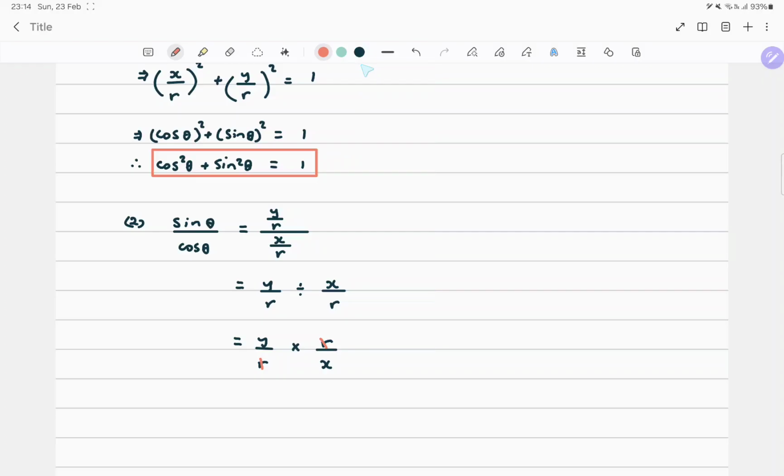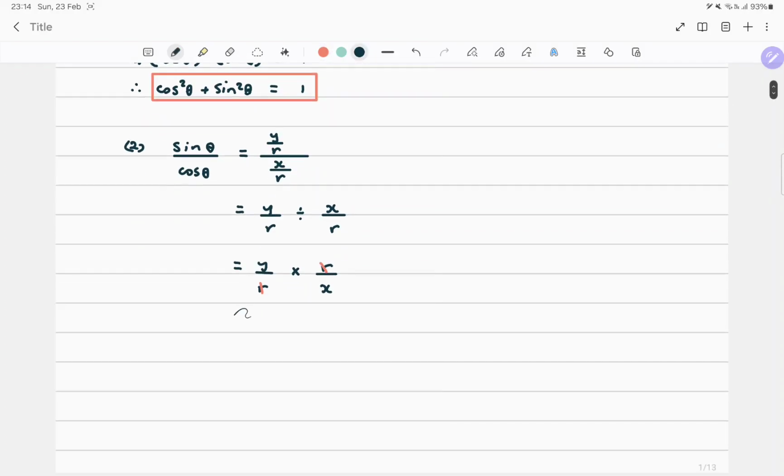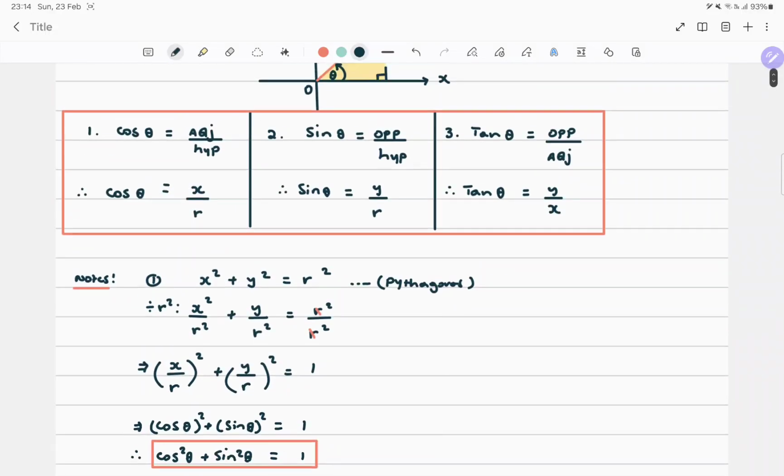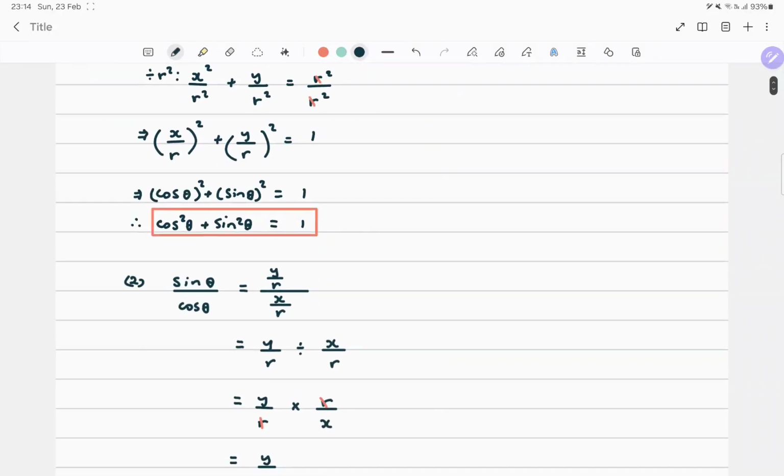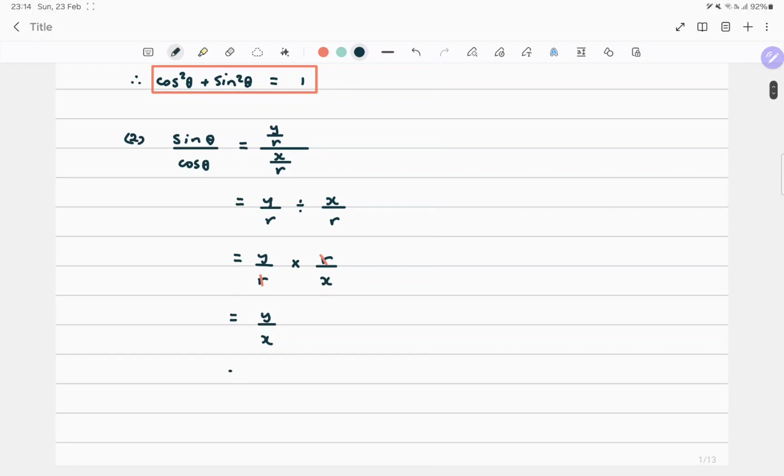And guess what? Those ones will divide to 1 so that the remaining fraction is y over x. But now what is y over x here? It's tan theta. So we know that basically you can easily say this implies that sine theta over cos theta is what it is.